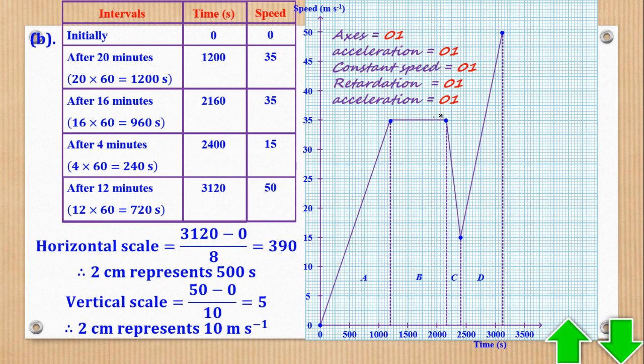So from Reverie here to this, total time will be from here to here, which is this, and from here to here, which is this. So when I add the two, I get the total time.